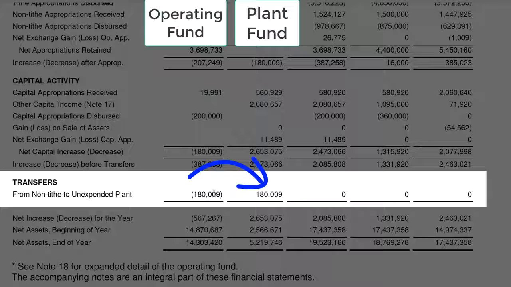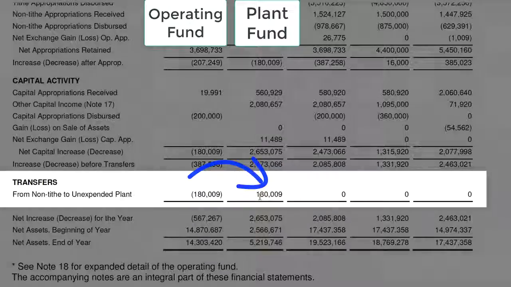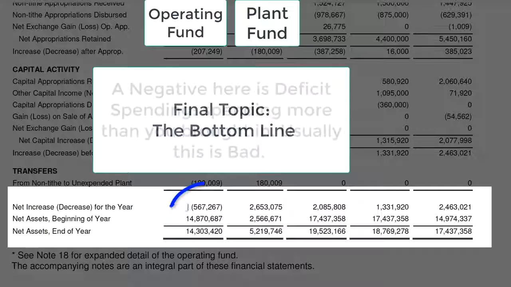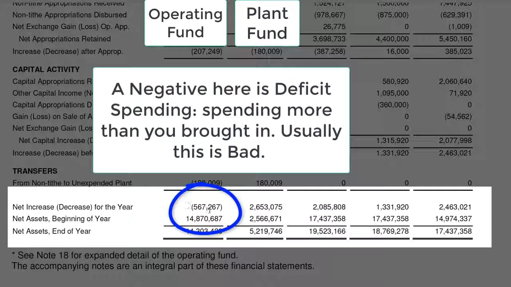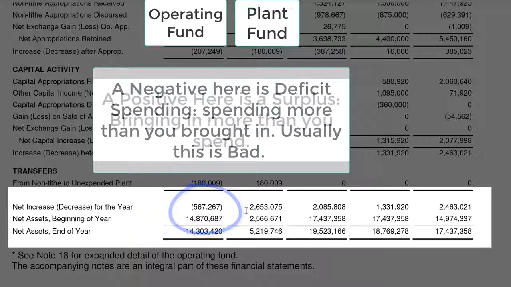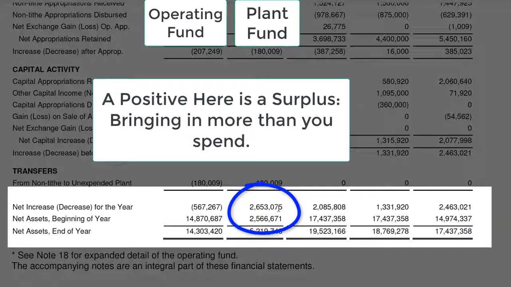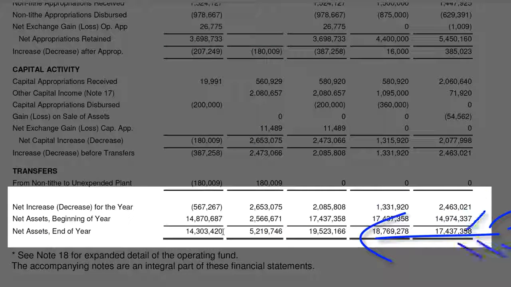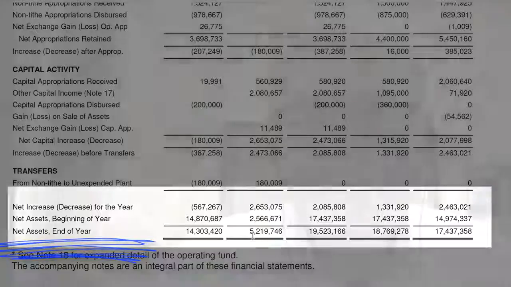And so we've given the money to have the assets. And so now the money is not over here in operating anymore. It's over here as an asset. And so this is our deficit. This shows deficit spending. We spent more than we brought in by that amount, and this shows a surplus. Okay. We take it and add to it what we had at the beginning, and we get new net assets for the end of the year.